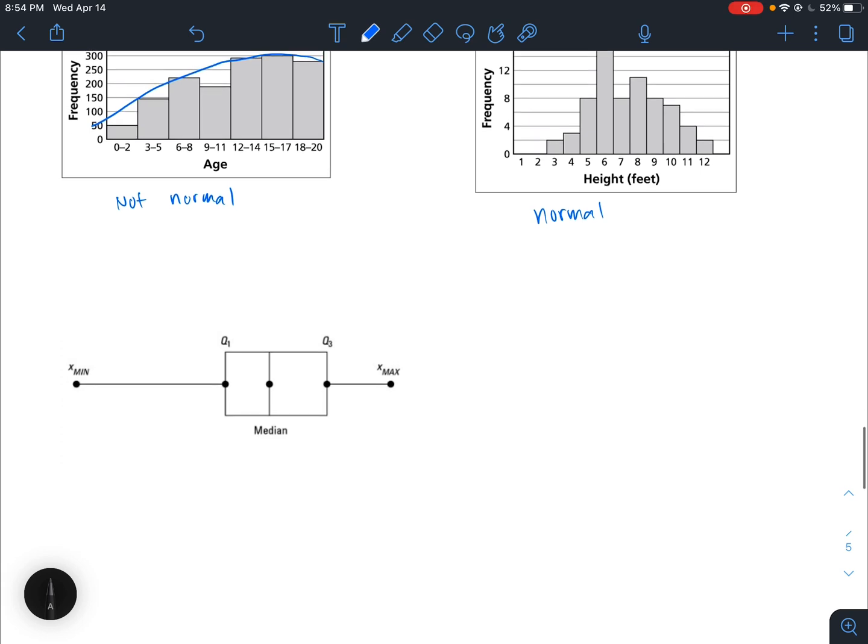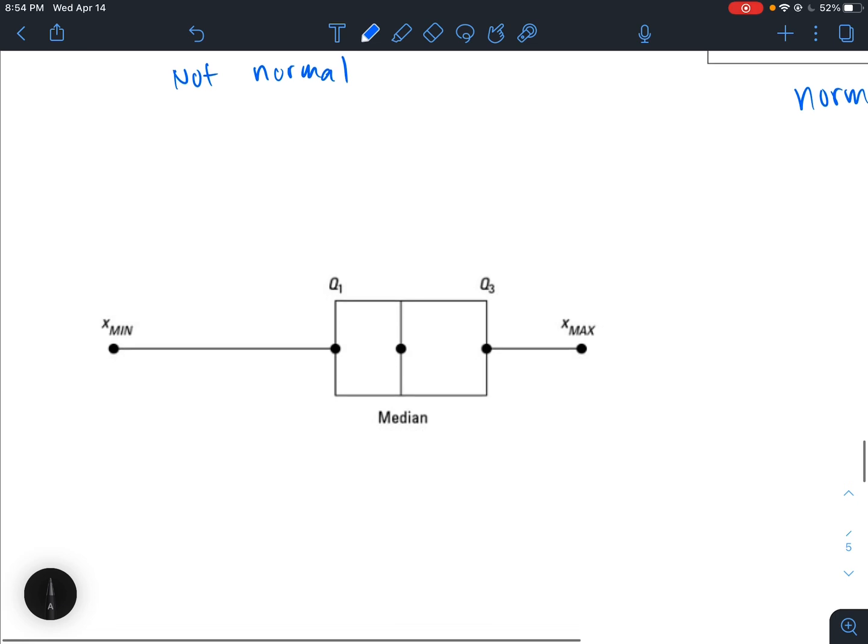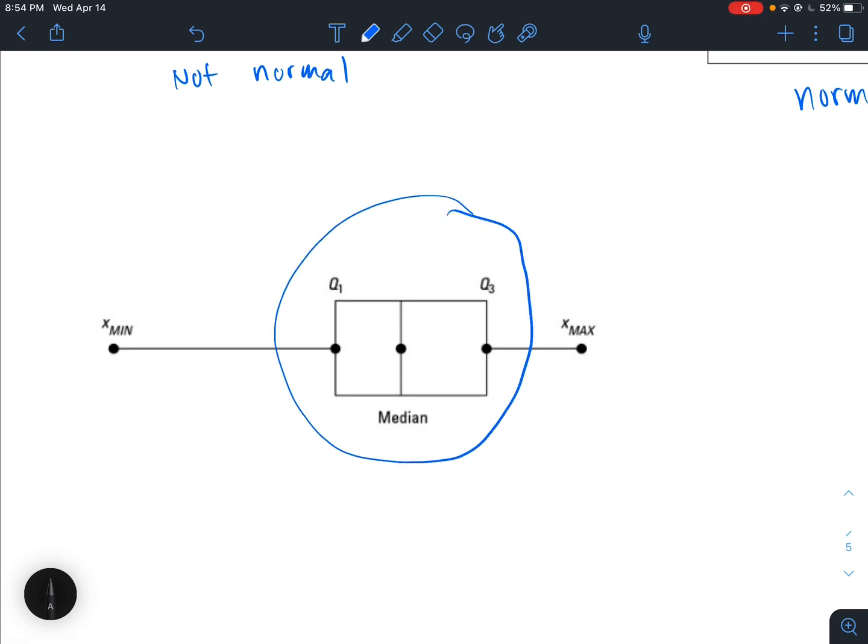Alright, so here, now this one's a little bit tricky. Okay, so I know that we have a lot of the data right here on the right side, but you see how the median is more towards quarter 1 than it is towards quarter 3.